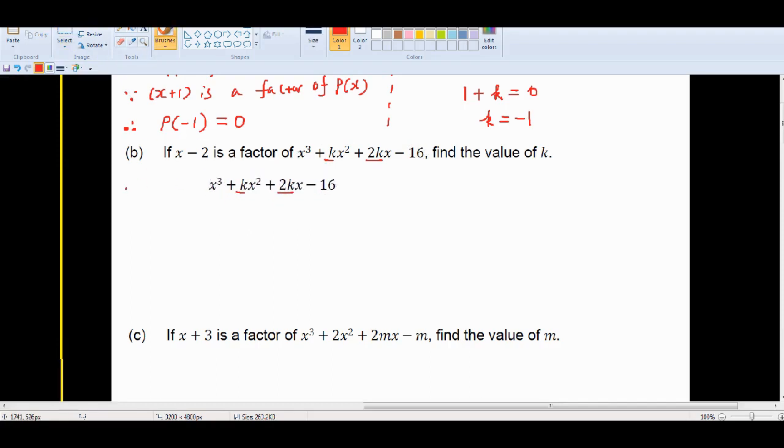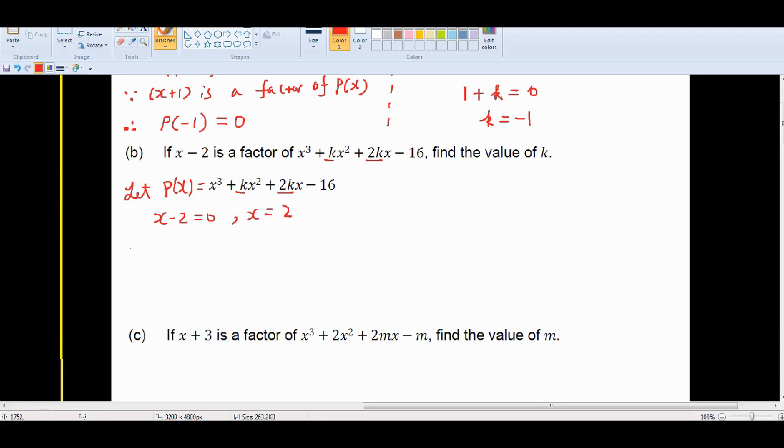First, let px equal this one. Oh, sorry, I missed one step. I should try to find the value of x first.